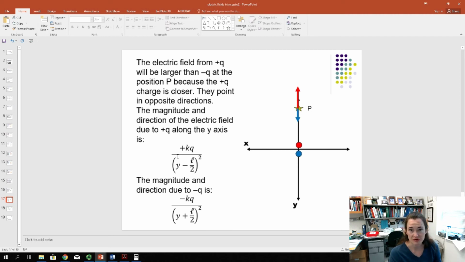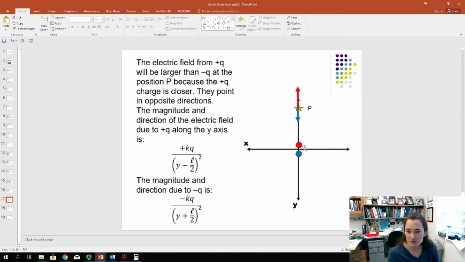Now what I like to do next is to write the magnitudes of those fields. In this case, since it's pretty easy to see that it's all along the y-axis here, I've indicated the direction of the field too with plus and minus signs. So here I've got plus q, the field due to that would be plus kq divided by the distance from point P to my red charge, which would be y minus L over 2, and then we square that.